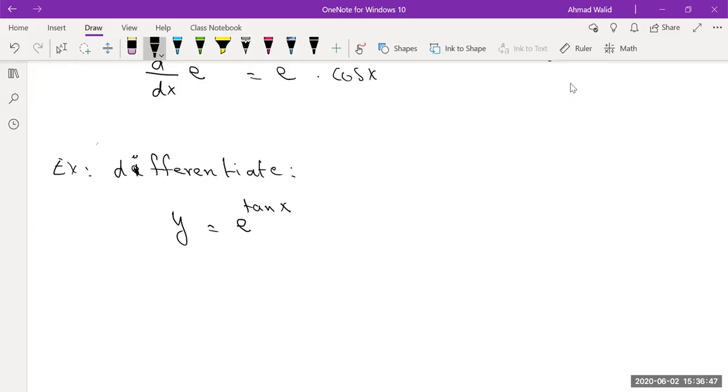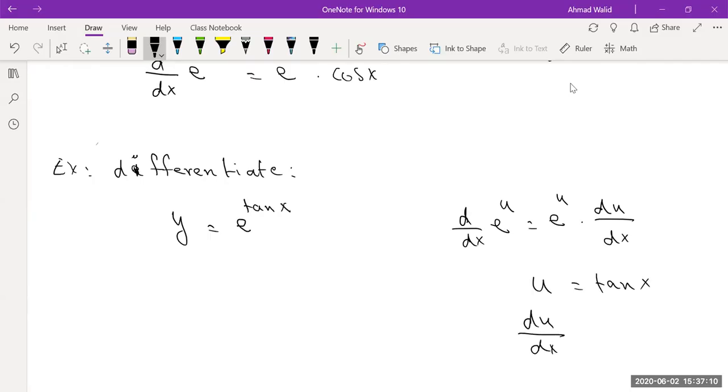My formula is, d over dx of e to the u equals e to the u times du over dx. That's my formula. Your u is tan x, correct? Then du over dx equals, what is the derivative of tan x? The derivative of tan x is secant squared x, calculus 1 again, right?